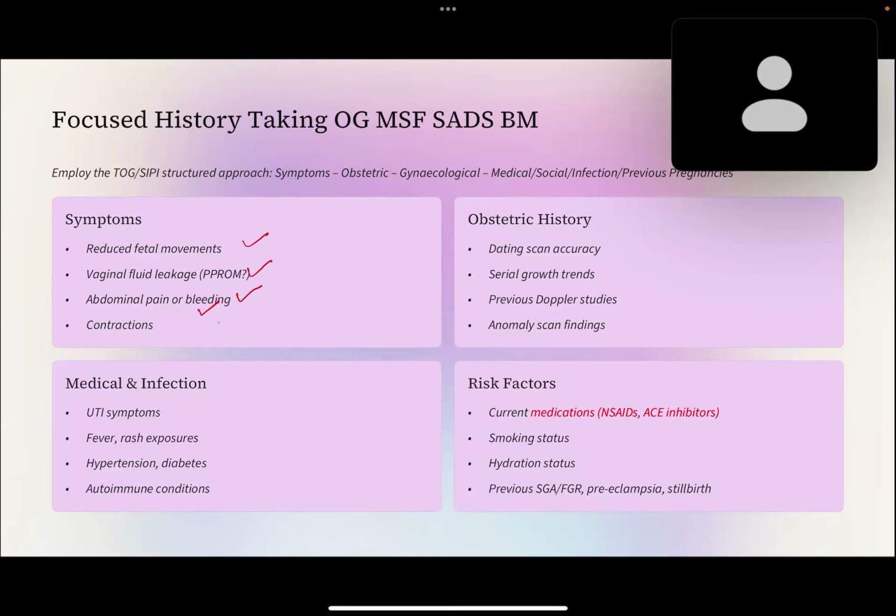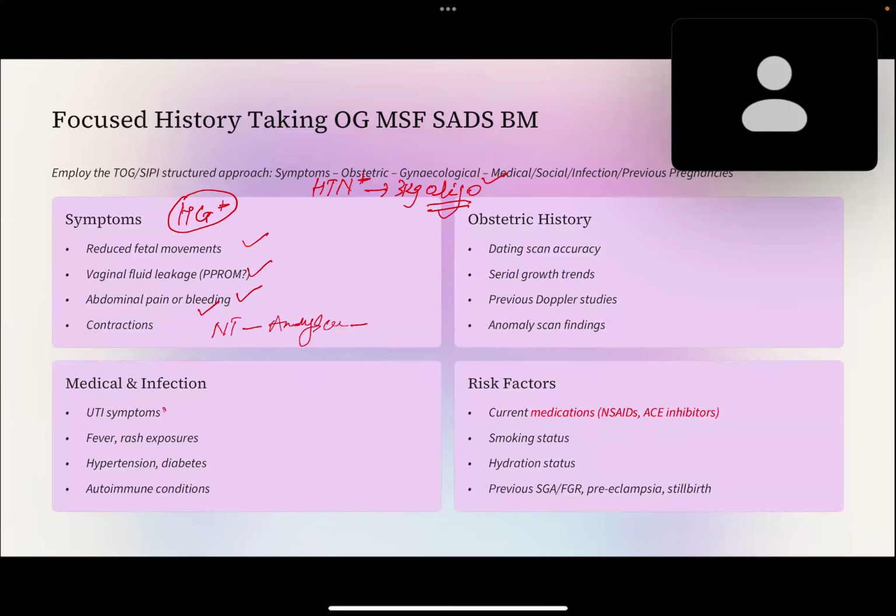Did you ask about any problem in the nuchal thickness scan or anomaly scan? She is hypertensive and the baby weight is 3 kg, but she has oligohydramnios even though the blood pressure was well controlled. So that was the cause.